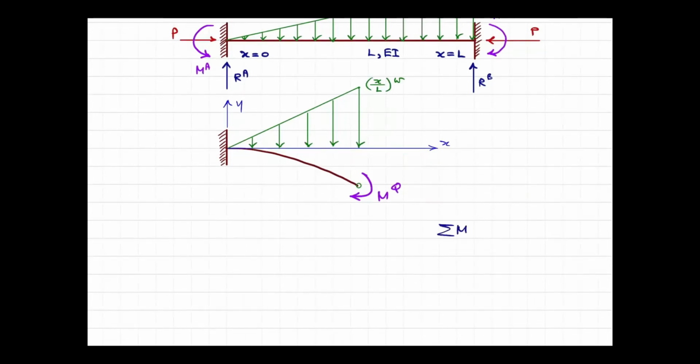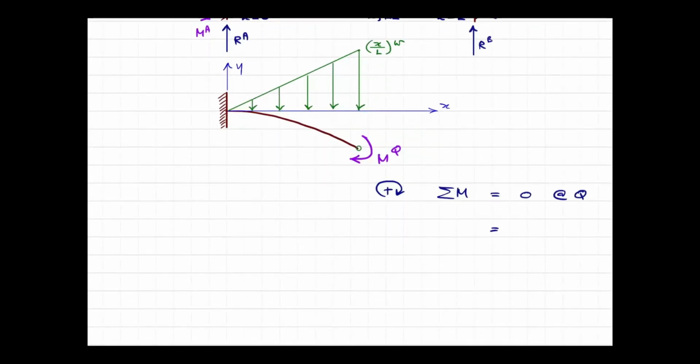Sigma moment is equal to 0 at point Q, clockwise, right? MQ. If you want, I think it is more fun to come back, not making it the same way as before.